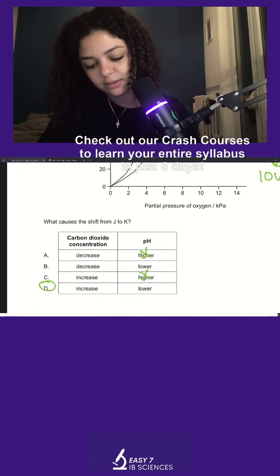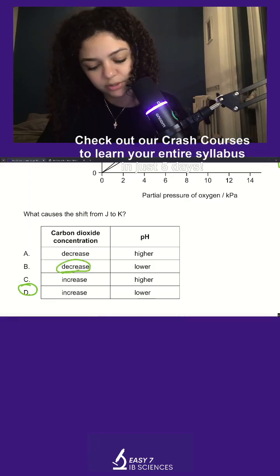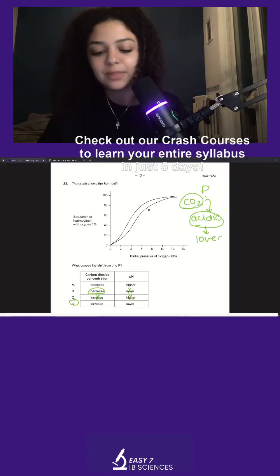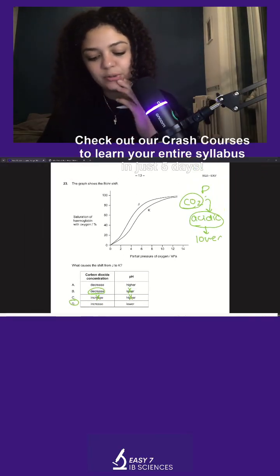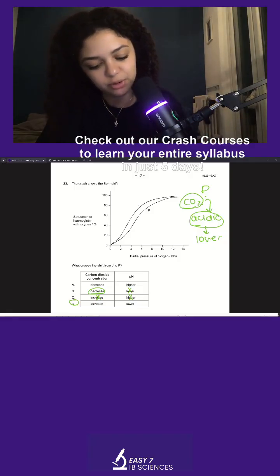And therefore, I can cross out C and I can cross out A, and then, actually, let's try to use logic with this. We know a decrease in carbon dioxide concentration would not cause a lower pH. An increase in carbon dioxide concentration would not cause a higher pH. And then a decrease in carbon dioxide concentration could cause a higher pH. Then you would have to know the Bohr shift basically explains how when you have a higher carbon dioxide concentration inside the body, the partial pressure of oxygen increases.